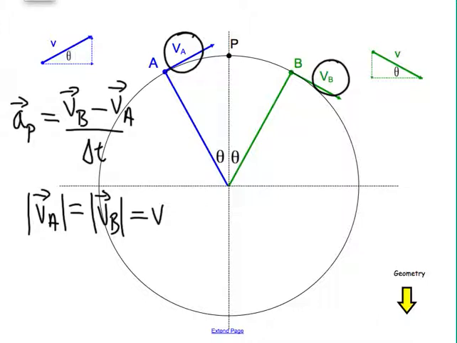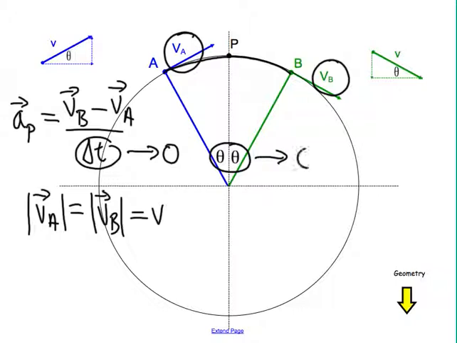Now, this formula is actually the average acceleration over an extended time. I'm going to want to take the limit as delta t goes to 0. I'm picking my points A and B to be the same angle theta before and after point P. So as delta t goes to 0, theta will also go to 0.